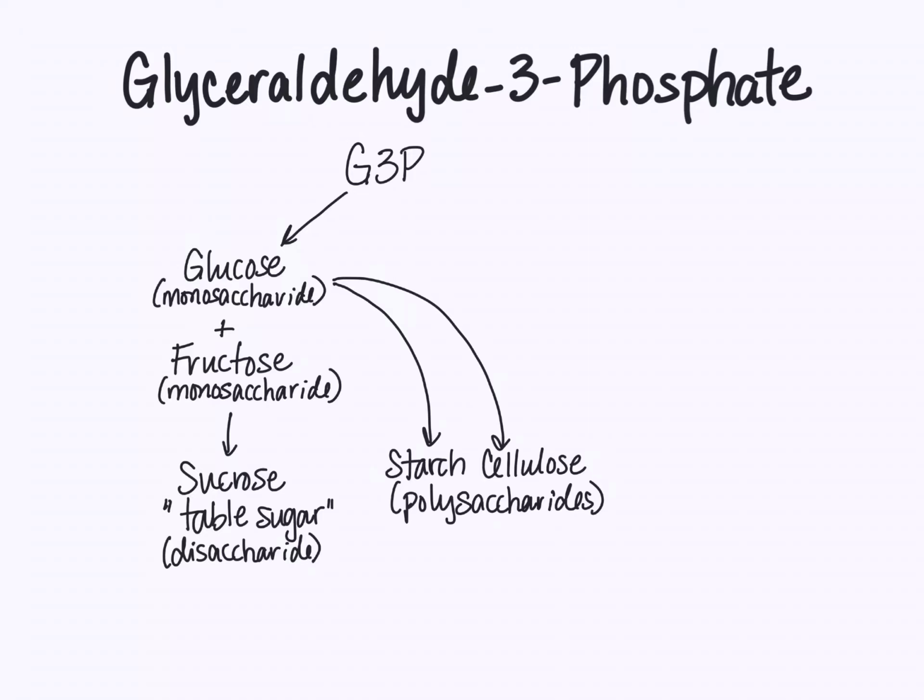In addition to making sugars, G3P can also be converted into a molecule known as a fatty acid. And then fatty acids can combine with a molecule known as glycerol in order to form lipids. And lipids include things like fats and oils.